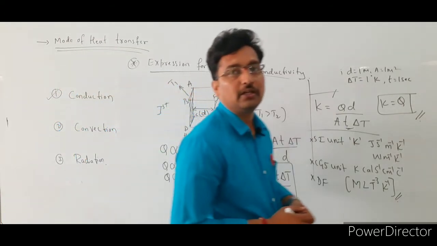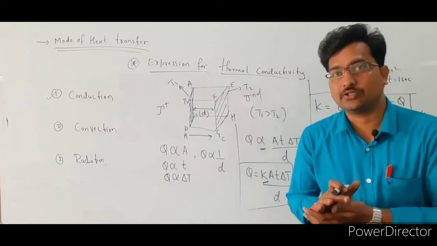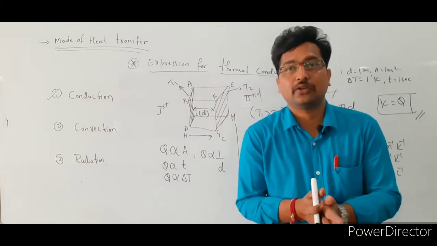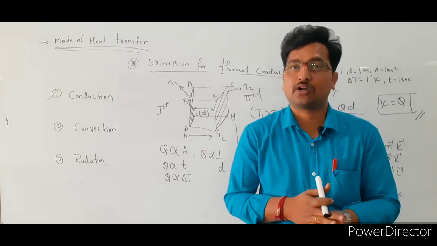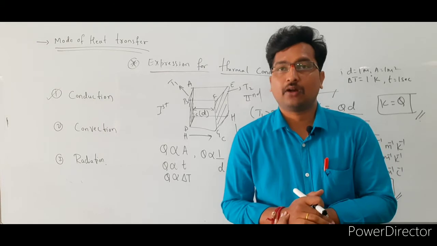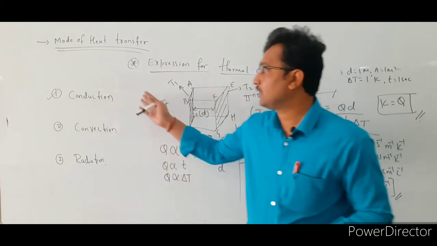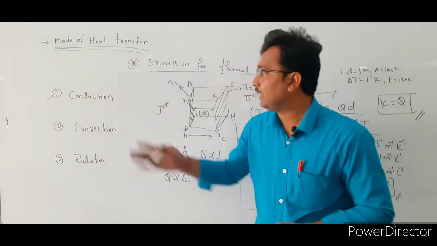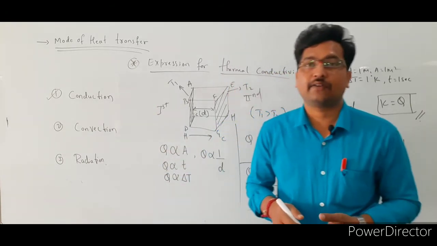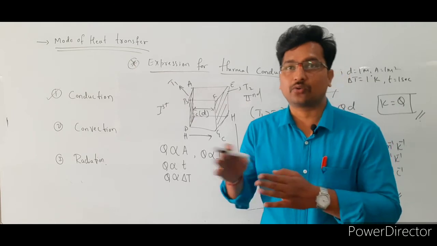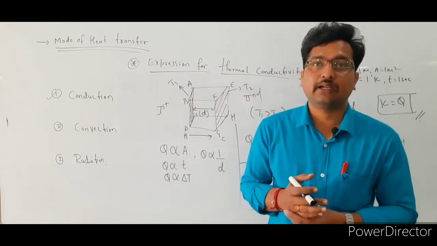So this is about the modes of heat transfer. Here we have discussed that heat is transferred from hot body to cold body, or hot end to cold end, in 3 different ways: conduction, convection, and radiation. In conduction, the heat is transferred from hot end to cold end without actual movement of the particles.